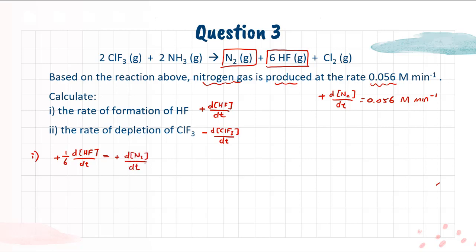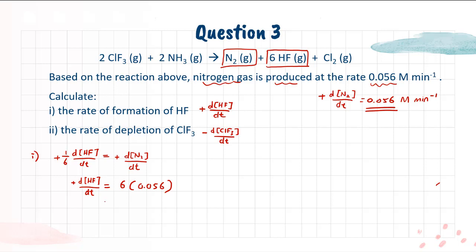In this case, remember that we want only the positive d[HF]/dt, so we have to eliminate the denominator 6. Bring it over onto the top, so 6 times the rate of formation of N2, which is given here. So 6 times 0.056 molar per minute.